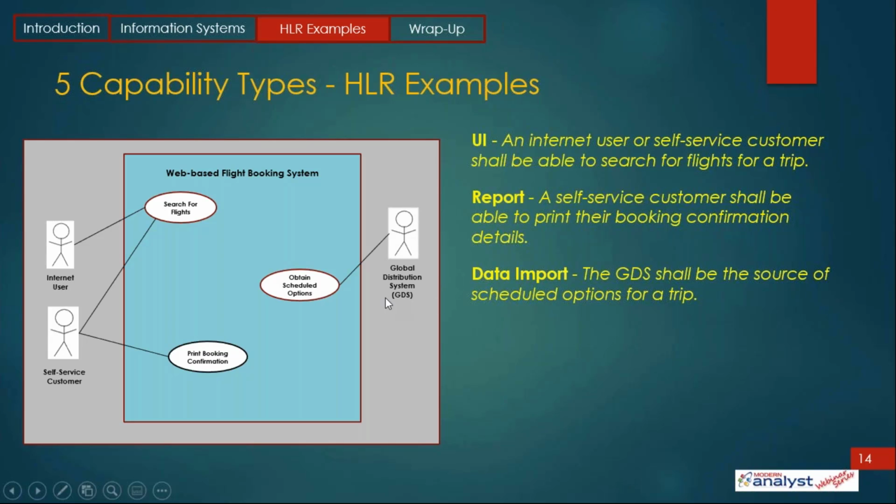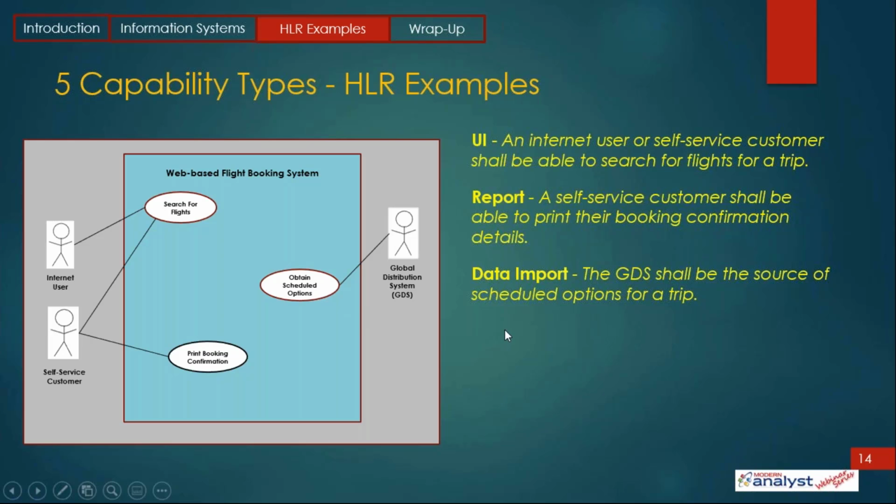We have an example of a data import. Okay, we said as part of searching for flights, we want to get all of those scheduled options from the GDS. So as a high-level requirement that says the GDS shall be the source of scheduled options for the trip. Okay, that's in text, represents that bubble.